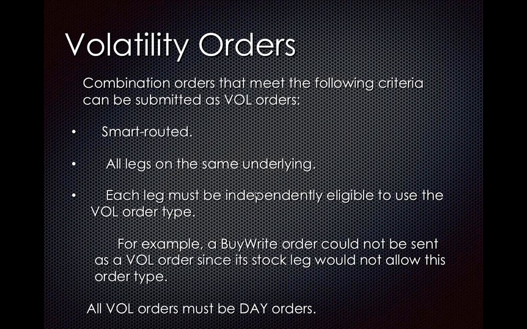Each leg must be independently eligible to use the volatility order type, and if you're trying to buy and write, then it doesn't fit the requirements. So these orders will not work.